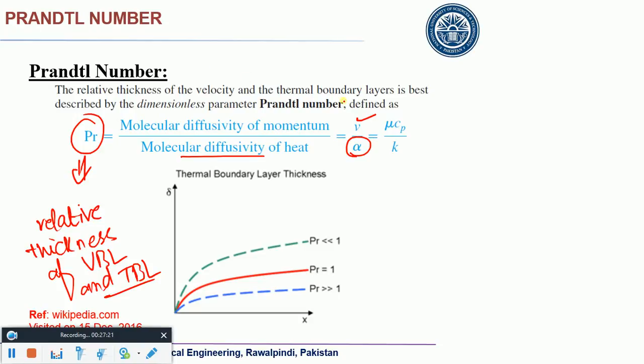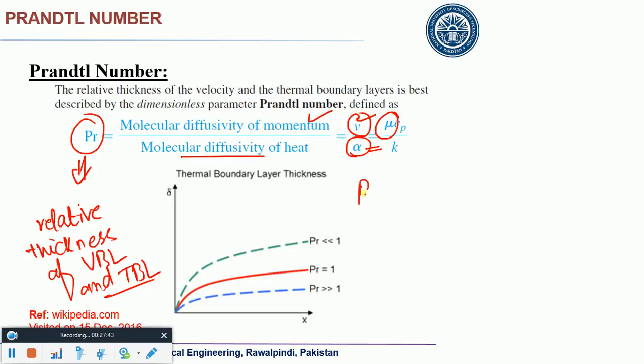Just see. This parameter, mu, this viscosity, controls the boundary layer. Which one? Velocity. This alpha, the heat diffusion coefficient, basically controls the thickness of the thermal boundary layer.